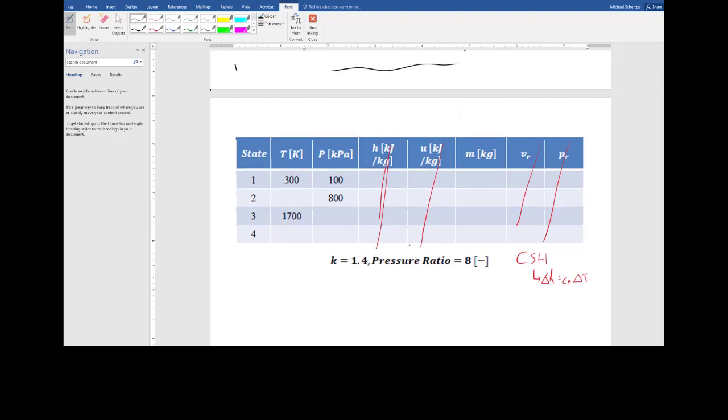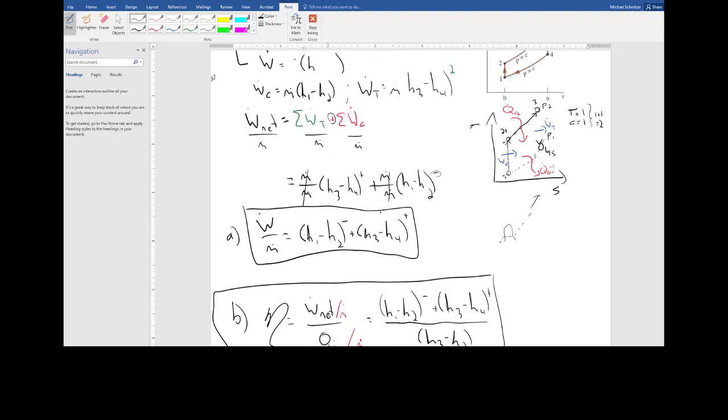So that means that my equations are going to be a little bit different here, right? So because it's constant specific heat, this is going to become CP times T1 minus T2, which I still expect to be negative.